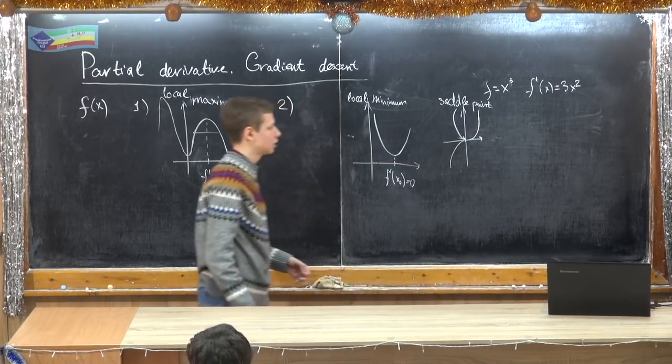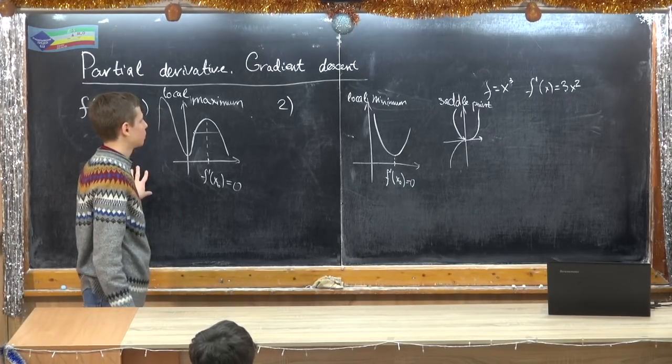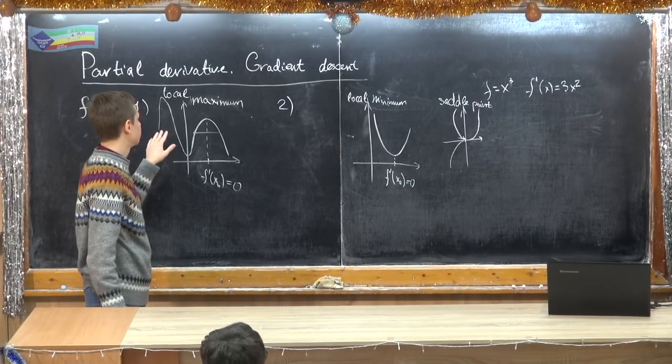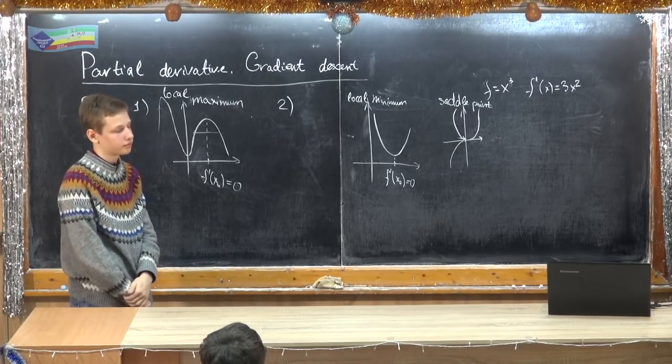A saddle point is a point where the derivative of a function is equal to 0, but we aren't observing either a local maximum or a local minimum.